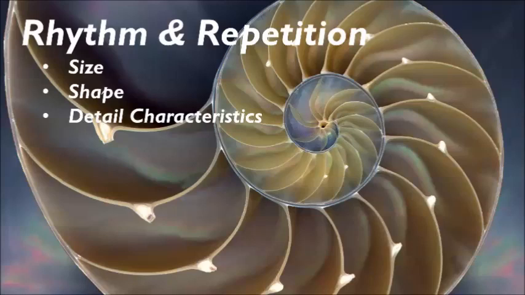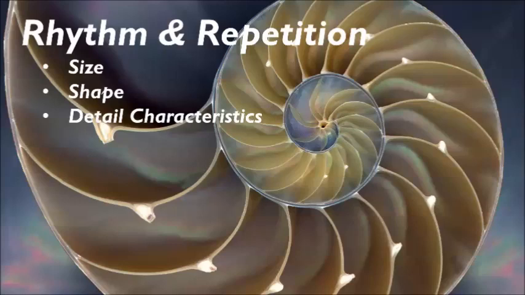Now we're looking at a cutaway of a nautilus shell, and the nautilus shell is a good example of this, and you can see elements of rhythm and repetition a lot in nature. Even though in the nautilus shell, as we're looking at these individual compartments of the shell, they are not the same size, right?